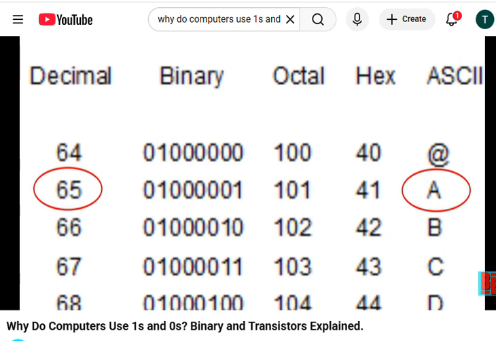Now 65 in base 10 is equal to 1000001 in binary.